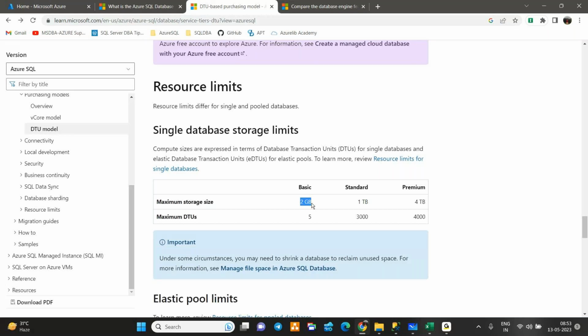When you go to Standard, maximum database size is 1 TB, that includes the log file, and DTUs maximum will be 3000. In Premium, you can go for 4 terabytes of database, that includes the log file, and maximum you can get 4000 DTUs. Hope you are getting it.